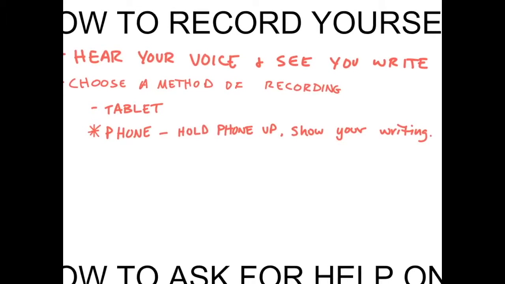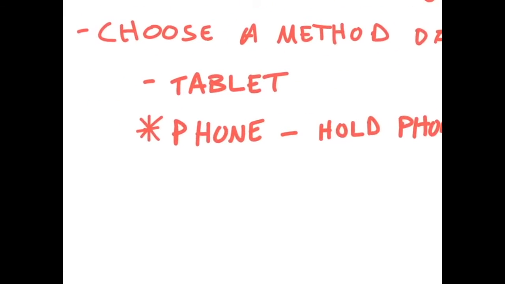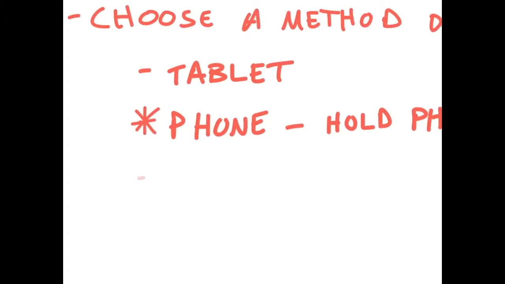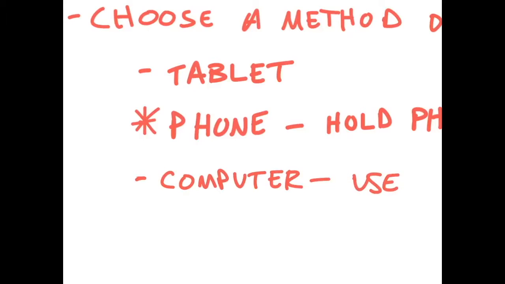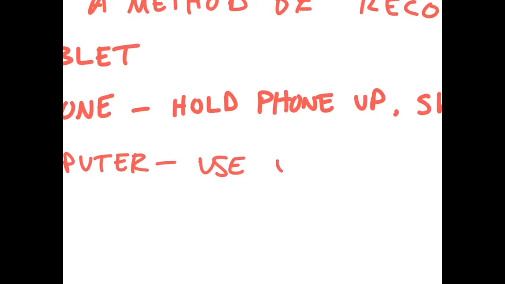The other thing that you can do is use your computer. Your computer has a webcam, so you can use your webcam and a whiteboard. And what I'm noticing is that some of you have already taken one of my classes, and you're familiar with that process.